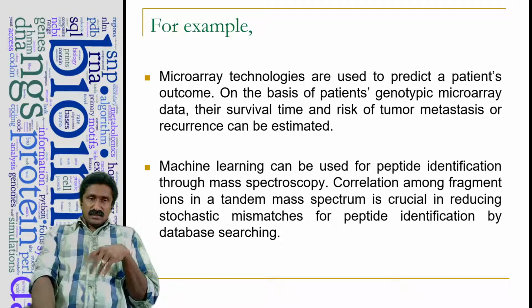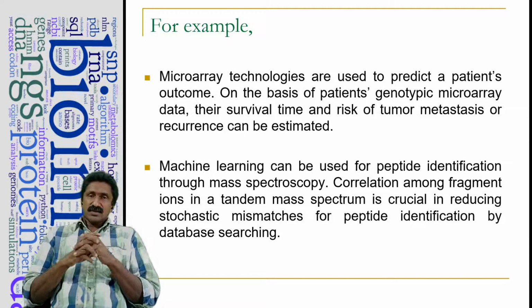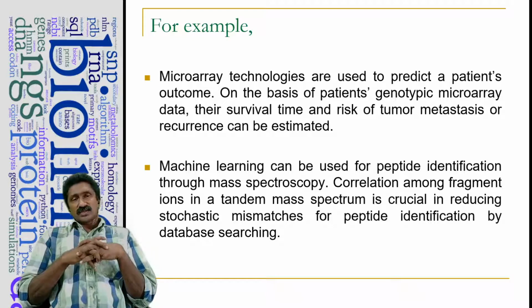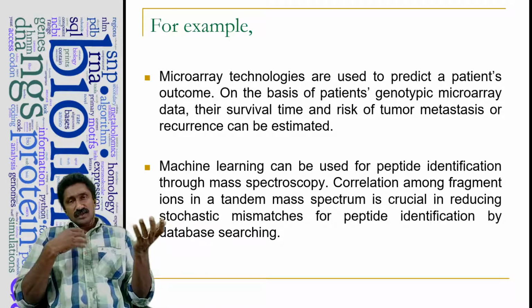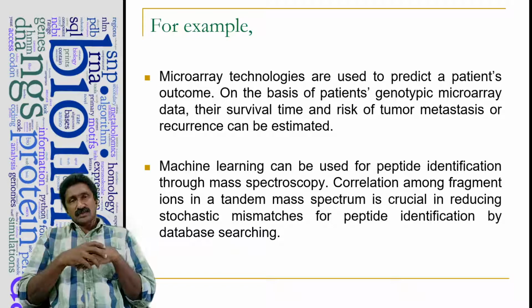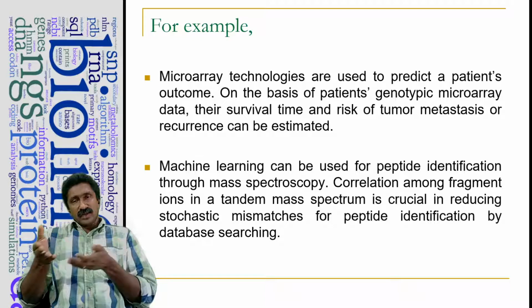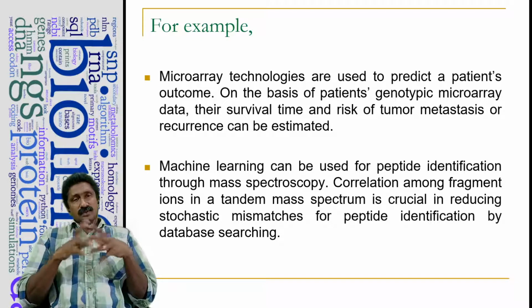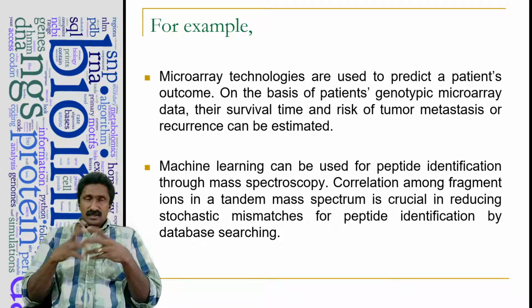And correlation among fragment ions in a tandem mass spectrum is crucial in reducing stochastic mistakes and for peptide identification by database search. So these are some of the applications. It can be applied for tumor diagnosis and disease treatment, like microarray analysis, or we can identify the peptides by analyzing the mass spectrum of the concerned protein, and that is also another example.